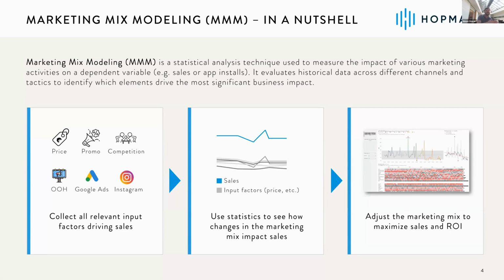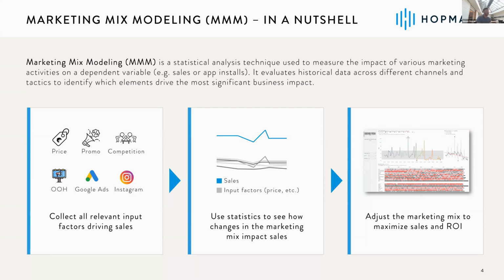And then on the other side, you have to pick more or less all your independent variables where you think that they will have an influence on your sales. That, of course, on the one hand is all your marketing activities, all your marketing spending on, for example, Google Ads, Instagram. But it could also be other factors, like if your competitors do some marketing activity or some promotion.